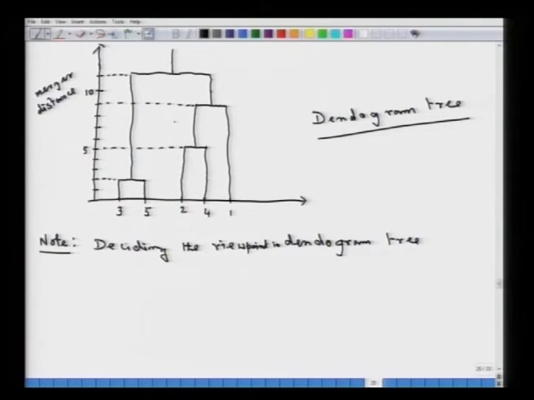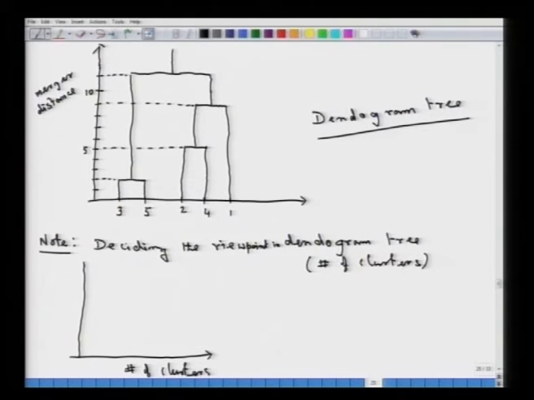So, which distance is desirable? There are various ways of deciding upon the viewpoint. A simple approach is to look at the following diagram. On the x axis we have the number of clusters, so this basically is to decide the number of clusters, and on the y axis we will have the fusion levels or the merger levels.